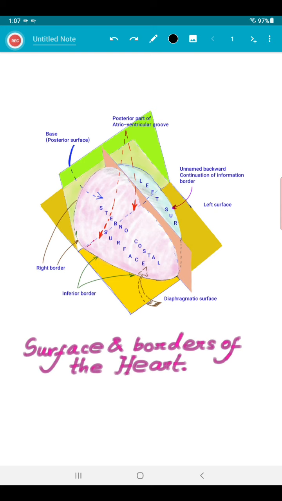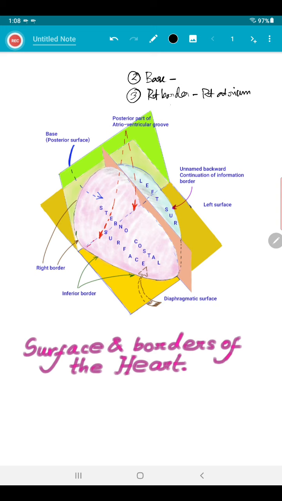So the only features: the apex is only formed by the left ventricle. Number 2, the base is only formed by the two atria. Number 3, the right border is only formed by the right atrium.